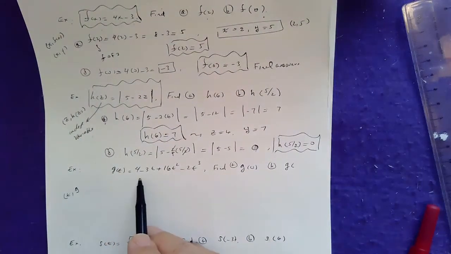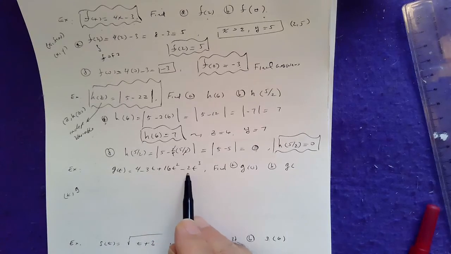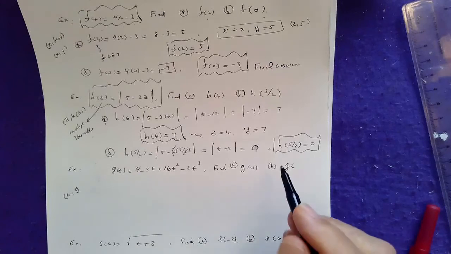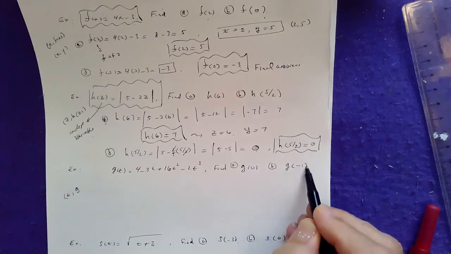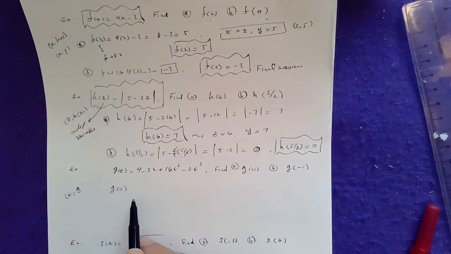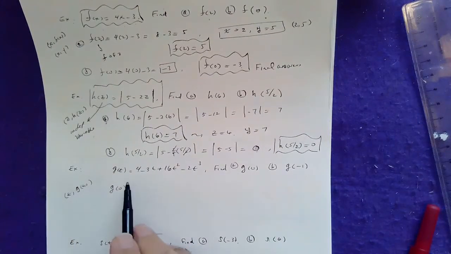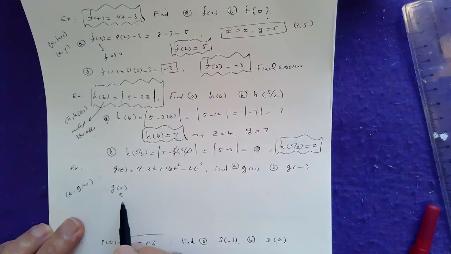Okay, g of t is 4 minus 3t plus 16t squared minus 2t cubed. The question is, can you find g of 0? You know what that means, don't you? That just means when t is 0, remember this is the independent variable, could you find the y value?